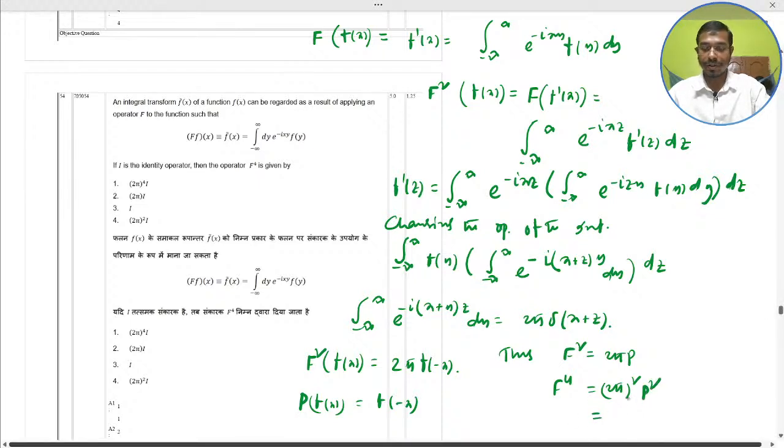So finally you got the result, twice pi whole square into I. This is the F4 operator. So operator F4 would be twice pi whole square into I, means option 4 would be correct. Option 4, twice pi whole square into I.